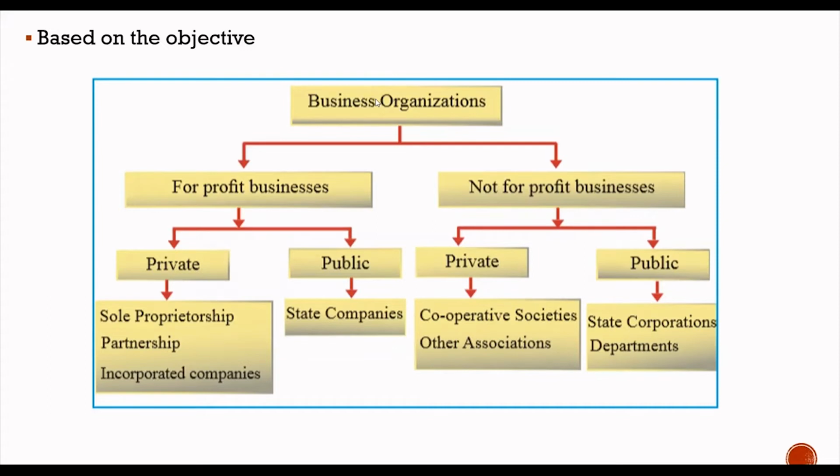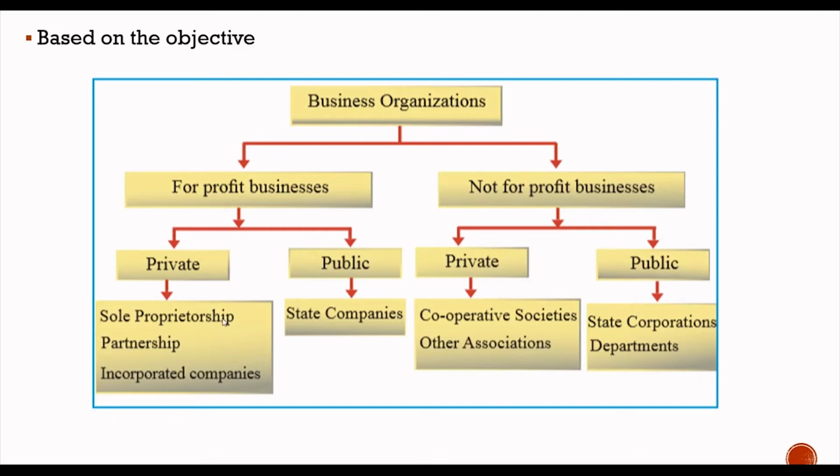The private sector profit oriented business organizations are sole proprietorships, partnerships, and incorporated companies, while public sector profit oriented businesses are the state companies. For non profit oriented private sector organizations, they are the cooperative societies and other associations, while public sector non-profit businesses are usually the state corporations and departments.